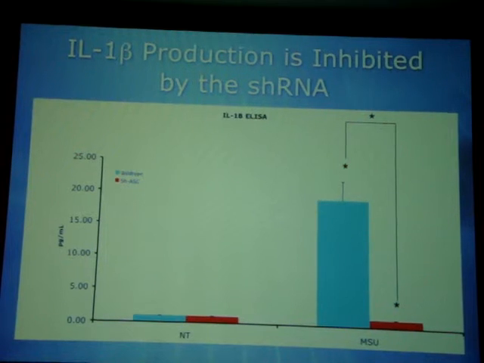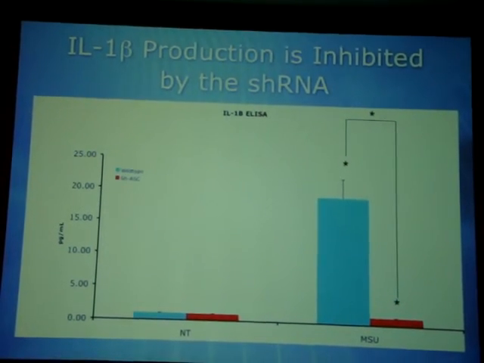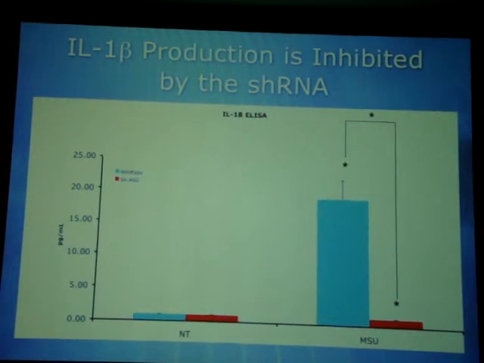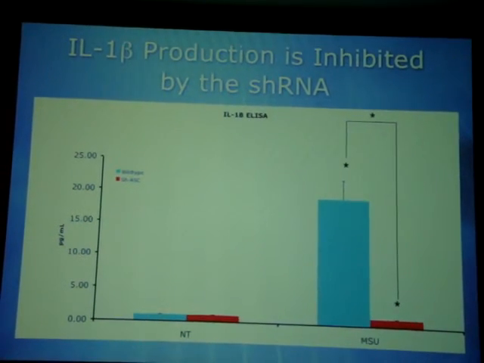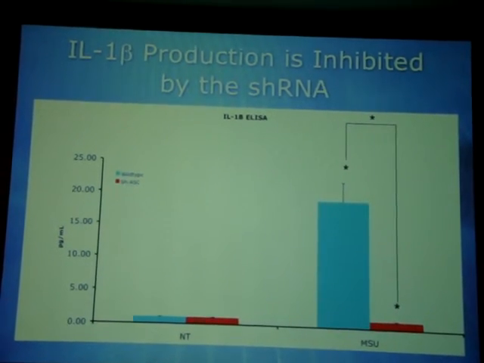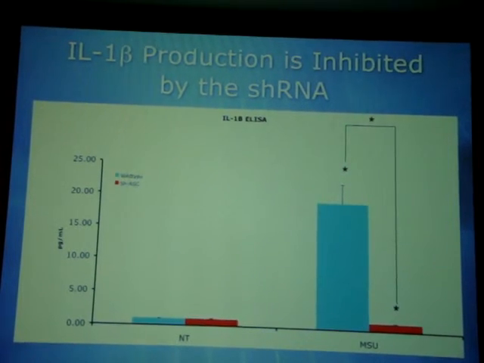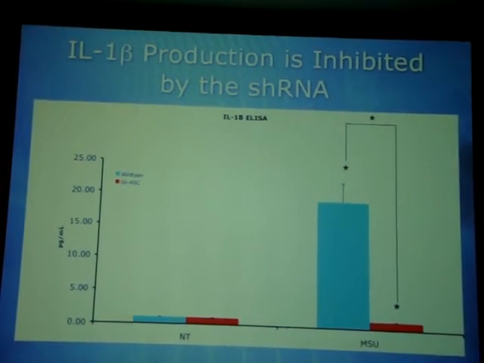And while there's also a significant increase in IL-1 beta when MSU is added to the shRNA cells, by comparing the two types of MSU cells, you can see that the increase is not nearly as profound or significant. So therefore, IL-1 beta production is being inhibited by the shRNA.